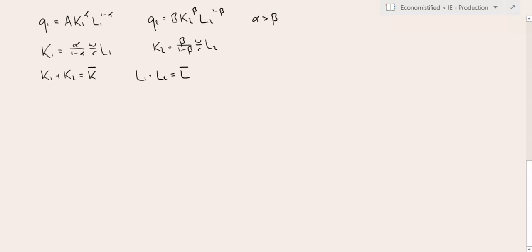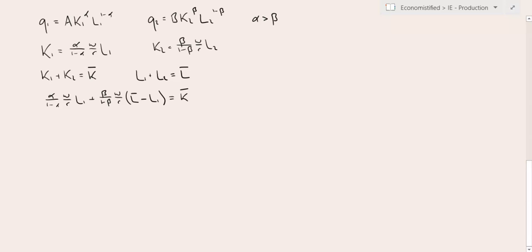Let's just substitute in K1 and K2 here into this market clearing condition for capital, and we get the following. Now I could write L2 here, but instead I'm going to rewrite this as L bar minus L1 using the market clearing condition for labor. And of course this must equal K bar.